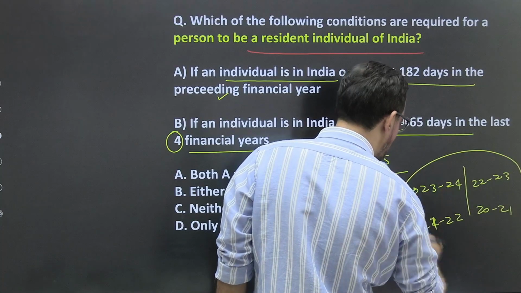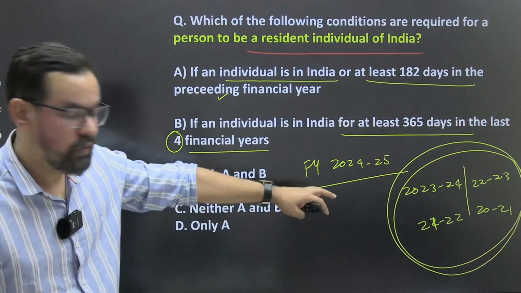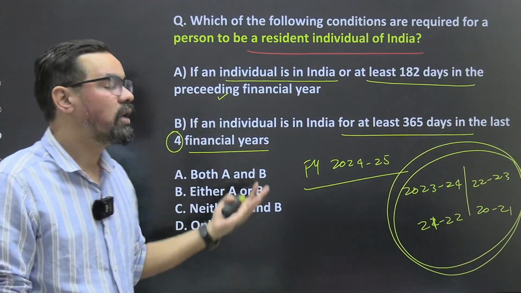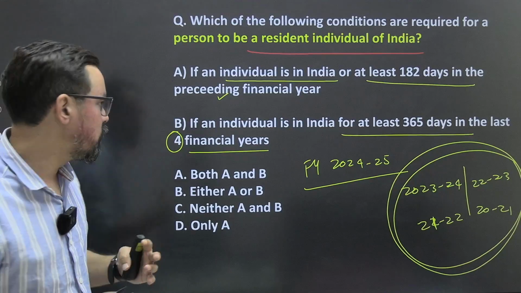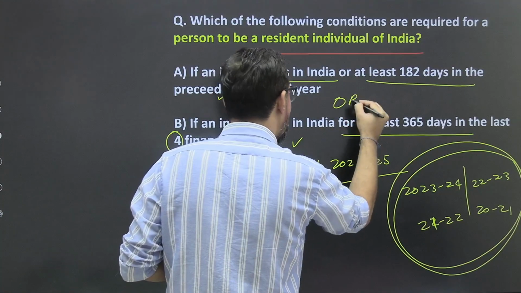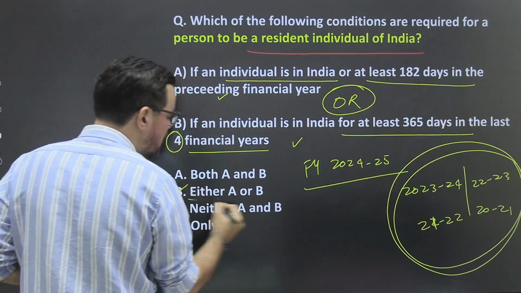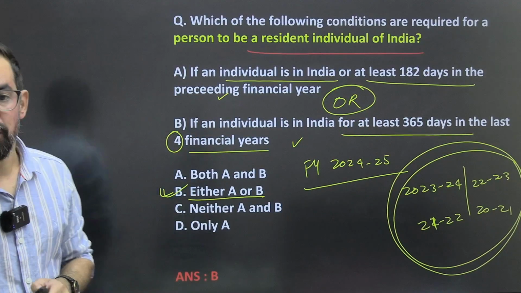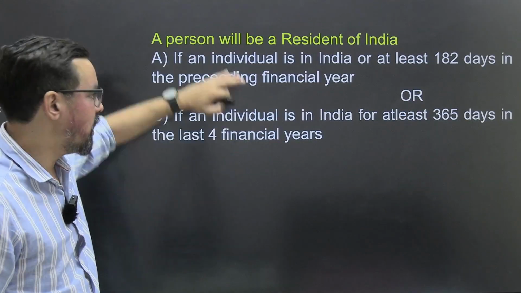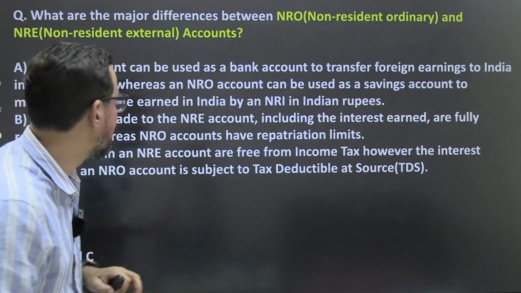If we live 365 days or more in India in those years, again we will be categorized as a resident individual. Both the statements are true, so any one of these two conditions needs to be fulfilled. Either A or B will be the right answer for this particular one. We need to satisfy any of these two conditions to be a resident of the country.